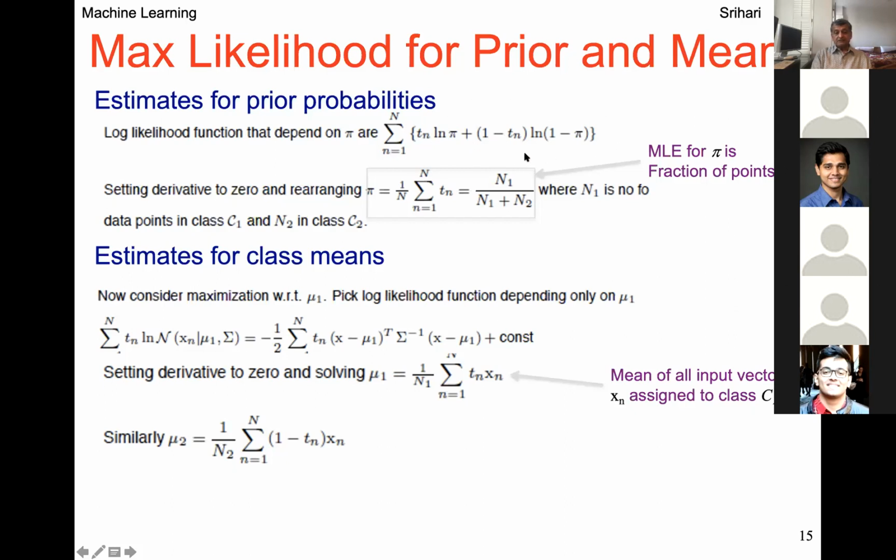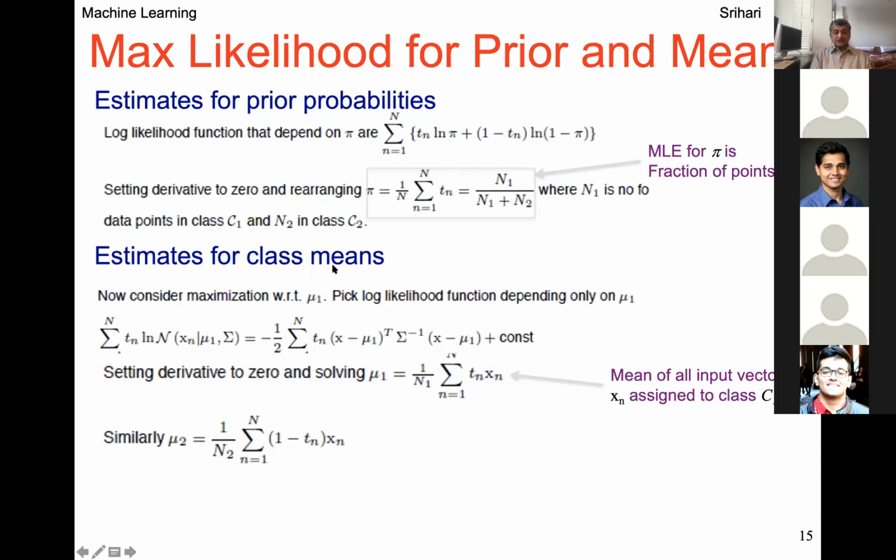You take a derivative with respect to pi and set it equal to 0, which tells us that the maximum likelihood parameter is N1 over N1 plus N2 for the first class, which is kind of nice. It simply says, if you have so many samples for class 1 and so many samples for class 2, what is the prior probability of the two classes? It says, how many samples do you have for each class? N1 divided by N1 plus the other class. That is the prior probability.